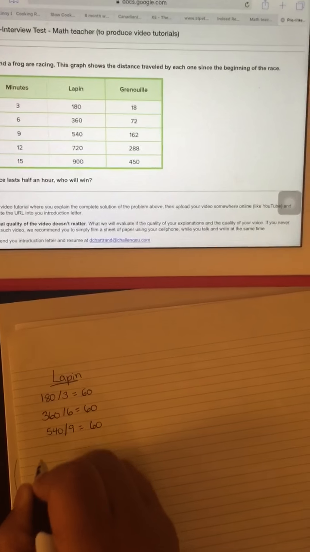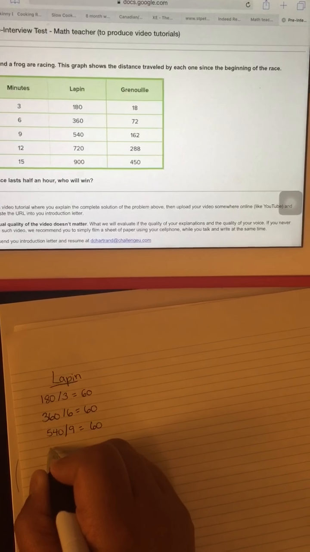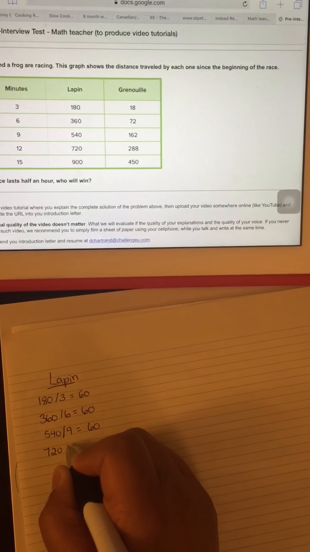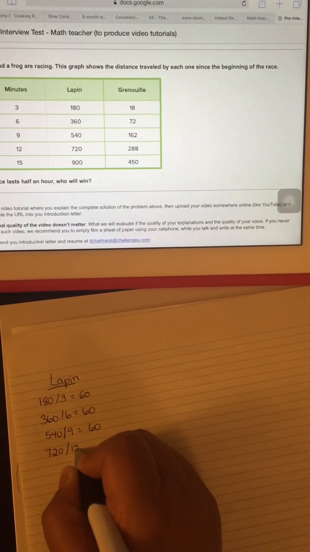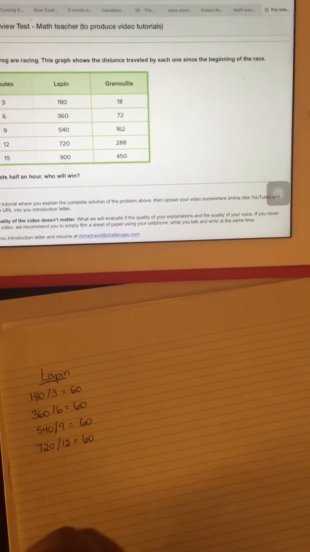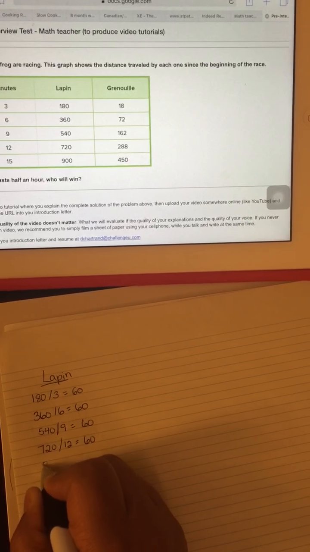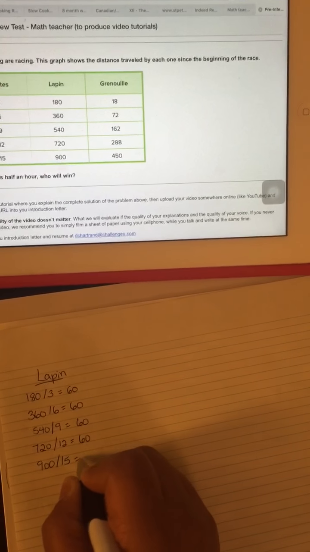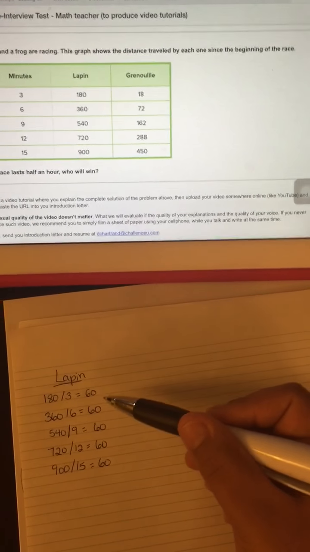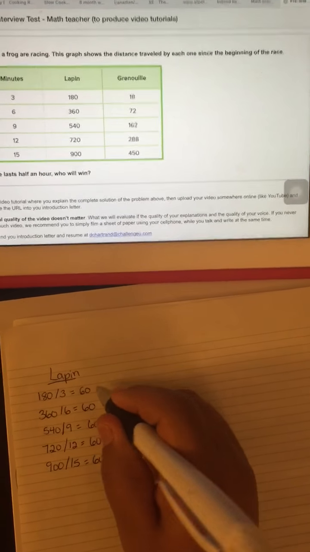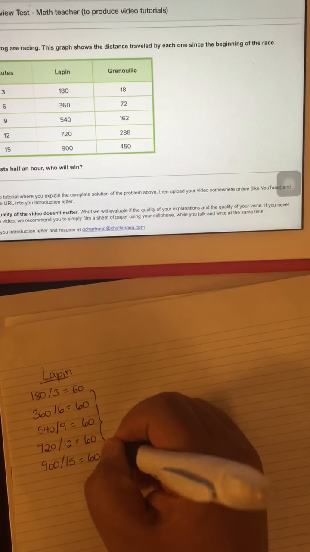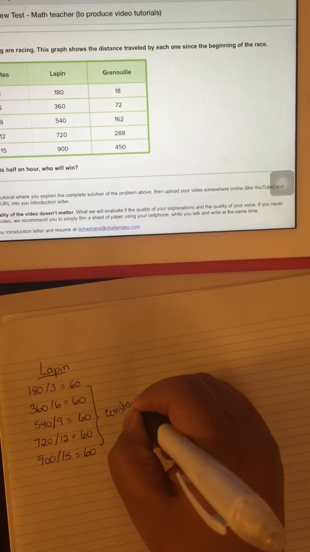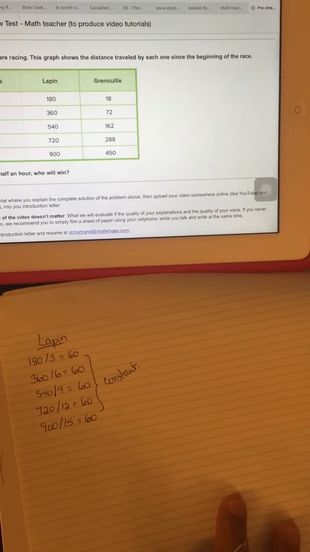You find that our little rabbit is pretty stable in his speed. No matter how long he runs, he's got a speed of 60 centimeters or so per minute, which would be a constant speed.